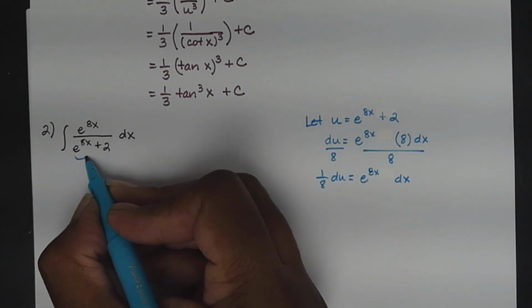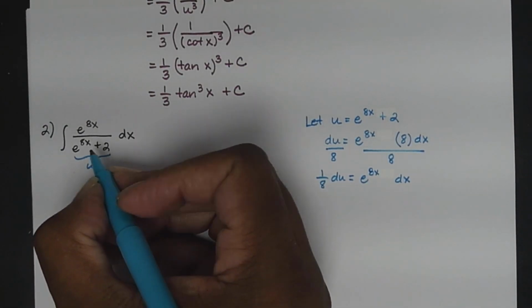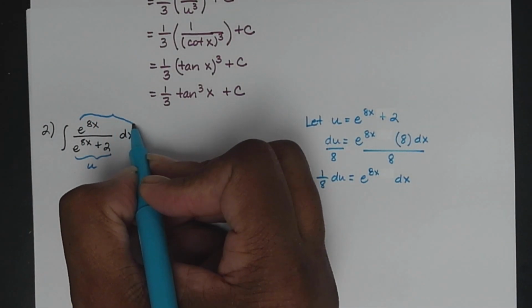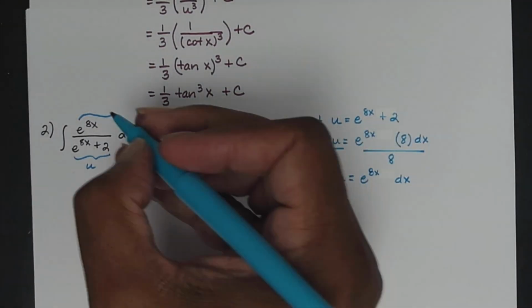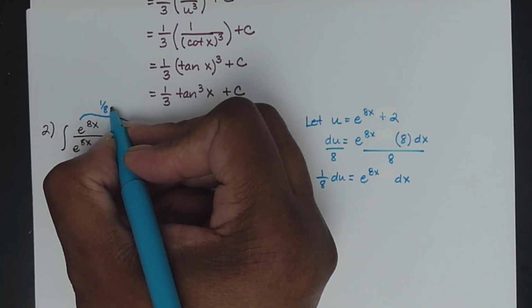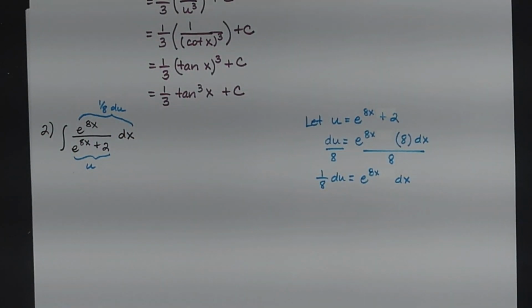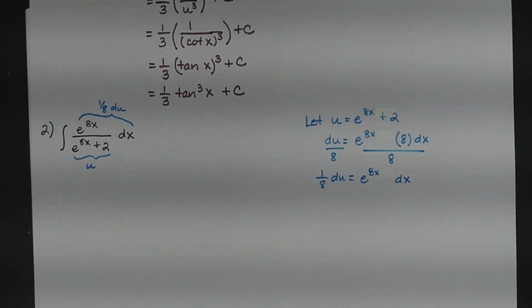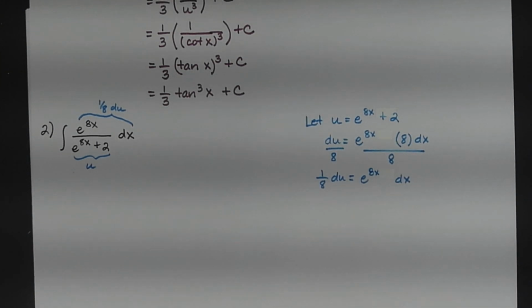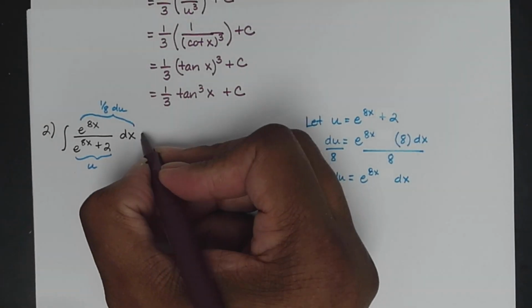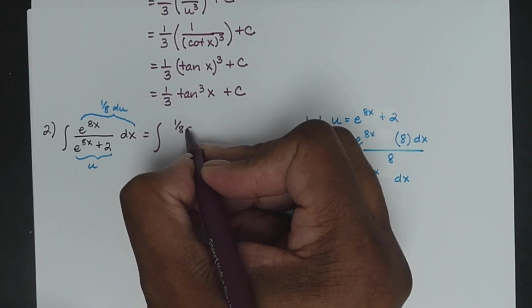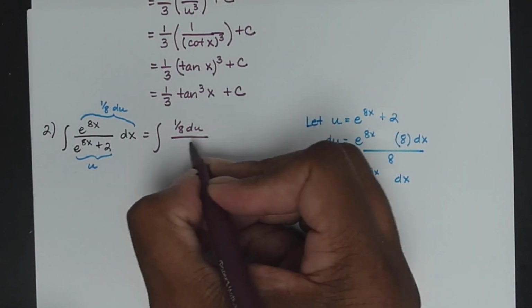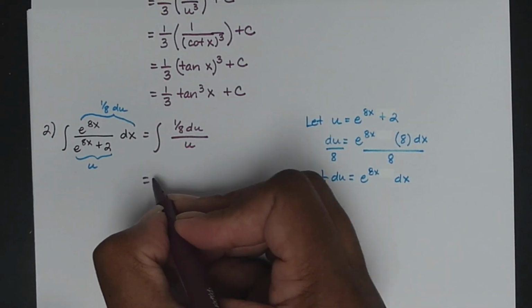This e to the 8x plus 2, that's going to be the u. E to the 8x dx, which is what I have here, that's going to be 1/8 times du. So now we're going to have the integral of that numerator, 1/8 du, divided by the denominator, that's u.